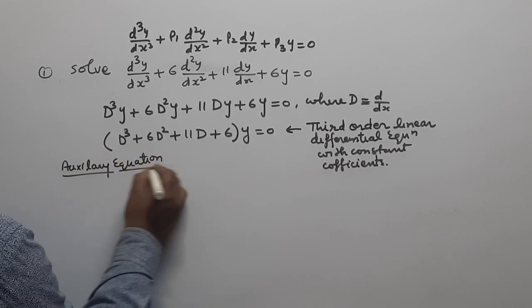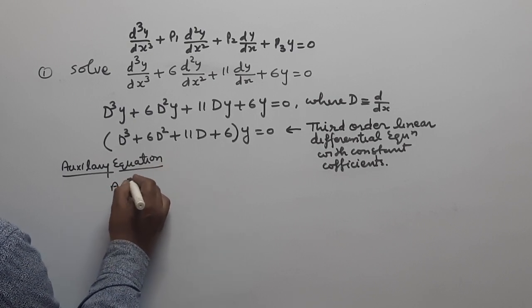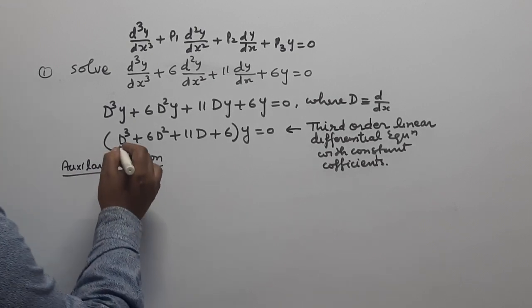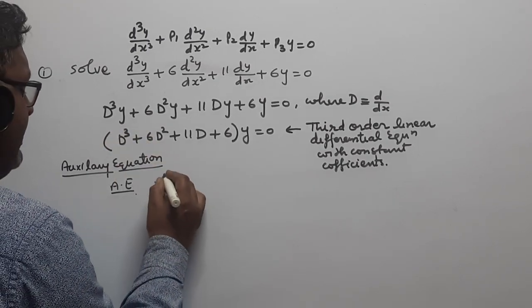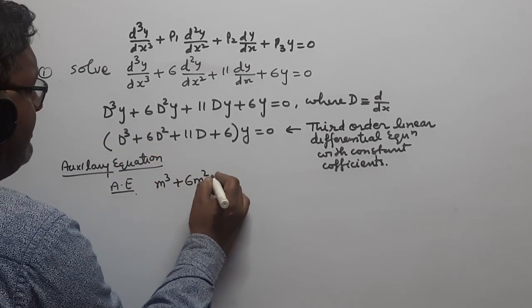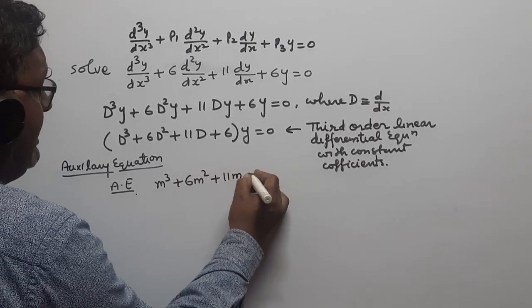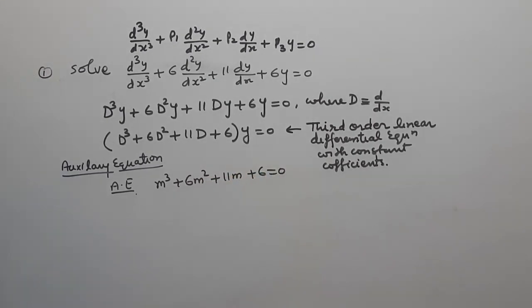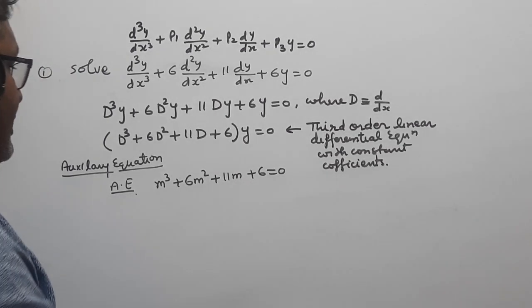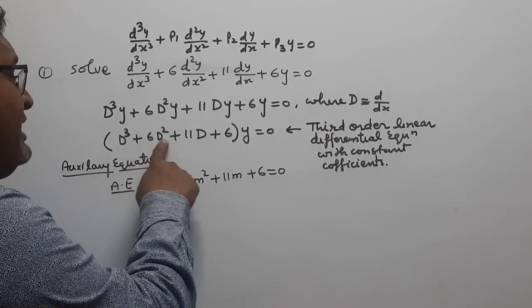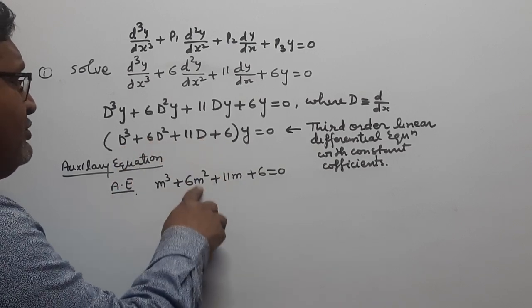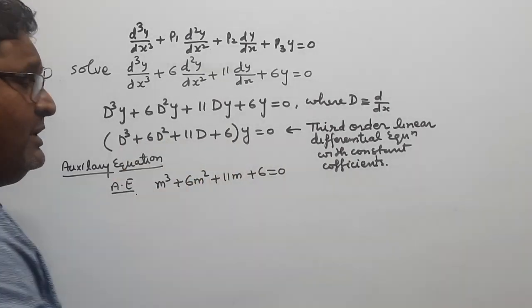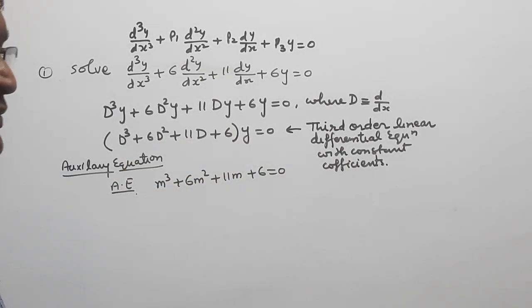In short notation we can write it as A.E. For finding the auxiliary equation, we put m in place of capital D. We get m cube plus 6m square plus 11m plus 6 equal to 0. This is the auxiliary equation.